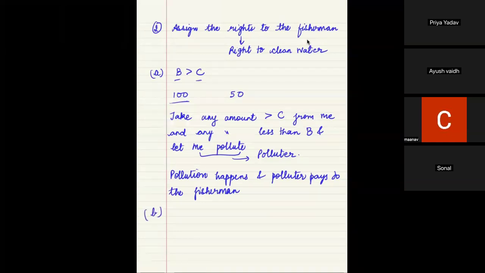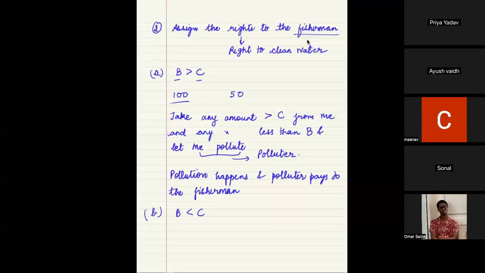The second case is where B is less than C, right? In this case, who has the right? The fisherman has the right. Now, due to pollution, the fisherman is facing costs, and these costs are much greater than the benefits that the polluter is getting. So in this case, if the polluter comes to the fisherman and says, take a bribe from me and please let me pollute, he would never agree to this.